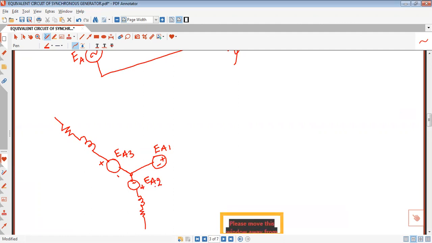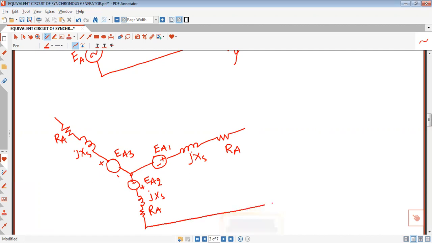And this portion is jXS, this is RA, and in a similar way we write jXS and RA here as well, and again jXS and RA here.